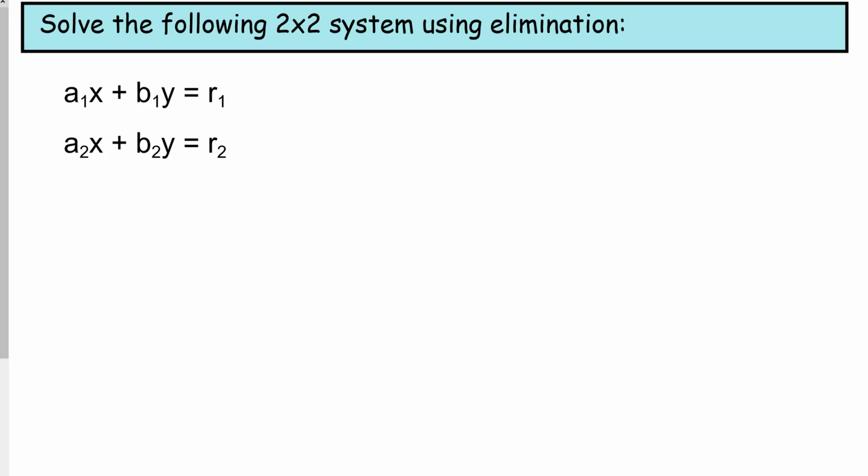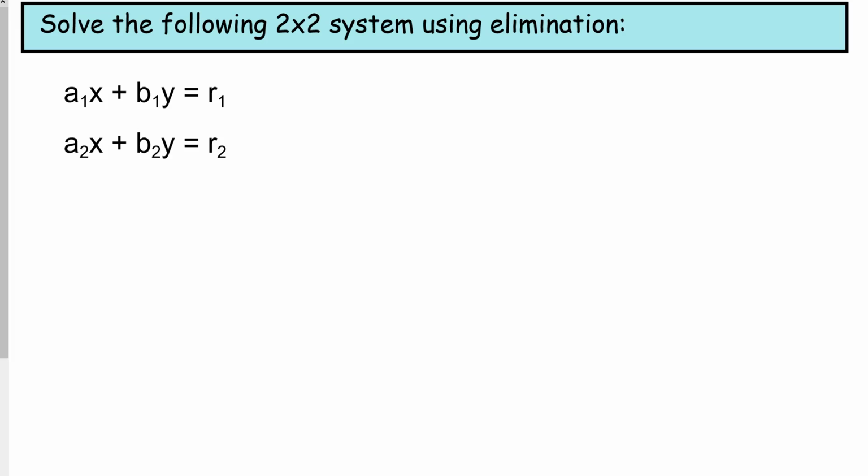So here's where this idea comes from. Suppose you have a 2x2 system and you're going to solve it by elimination. Notice that instead of having specific numbers in here, I just have coefficients A1, B1, and R1, A2, B2, and R2.